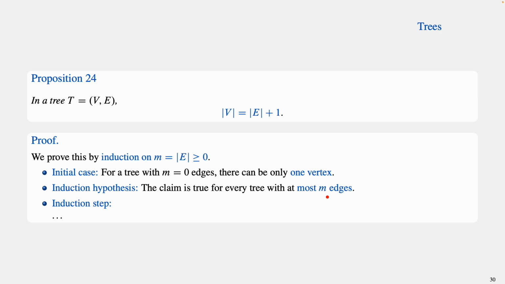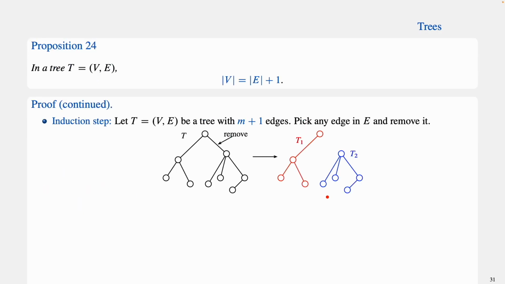The induction step needs a bit more space, so we do it on the next slide. We continue the proof with the induction step. So now we take a tree T with m plus 1 edges. So here this quantity E, or number of E, is m plus 1. And then we pick any edge in the set of edges and remove it from our tree.